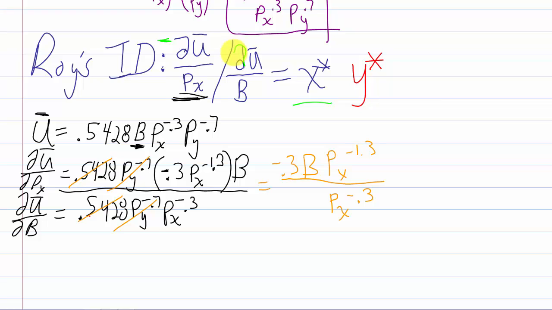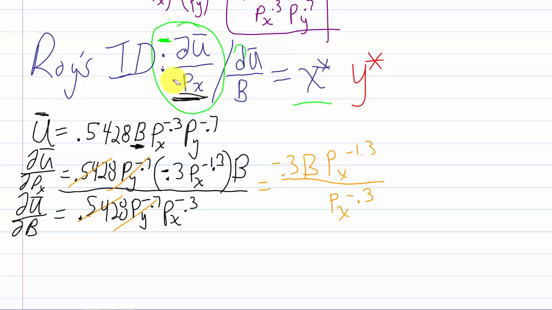And the reason why you have to put the minus sign here is because this derivative is always going to be negative, and so we have to cancel out that minus sign in order to get our Marshallian demand to be a positive expression. Why is this always going to be a negative sign? Well, because as the price of x goes up, we expect our utility to be going down, right? So that's why that's going to have a negative slope or a negative expression.